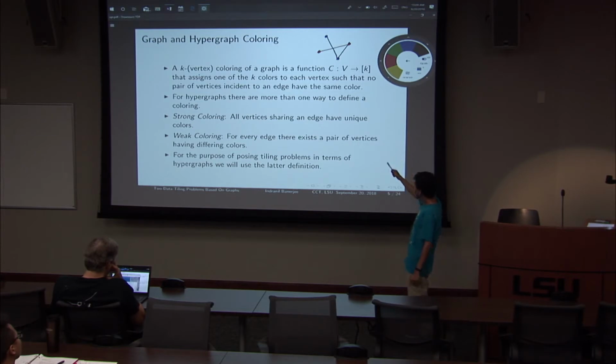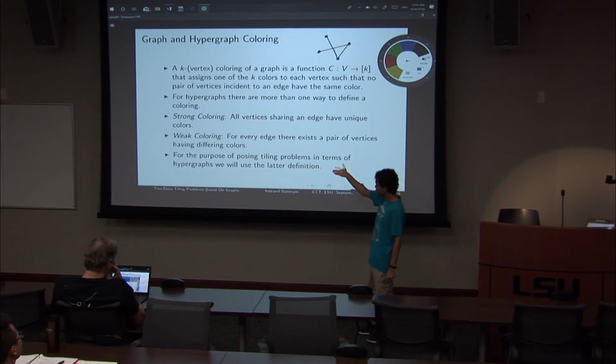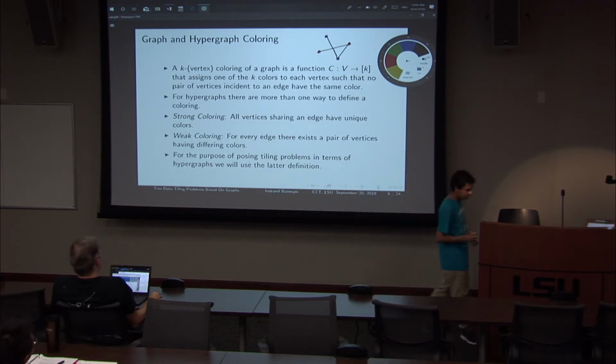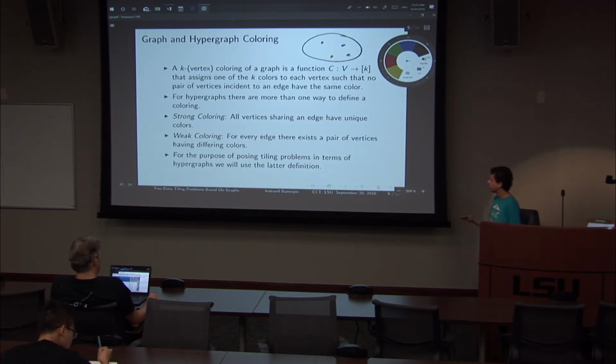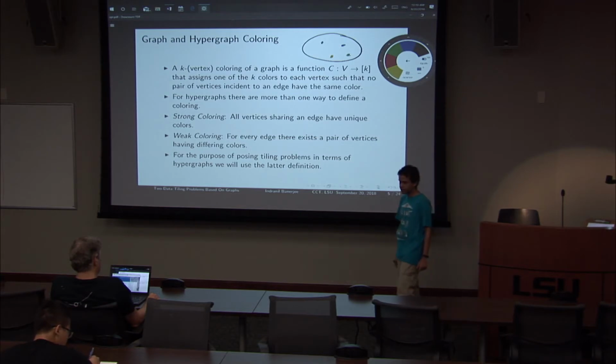Now for hypergraphs, you can define colorings in many ways. I am giving two specific definitions. One is strong coloring. In a strong coloring, suppose I have a hyperedge like that, then I have to use at least 4 colors, because every pair of vertices must have different colors.